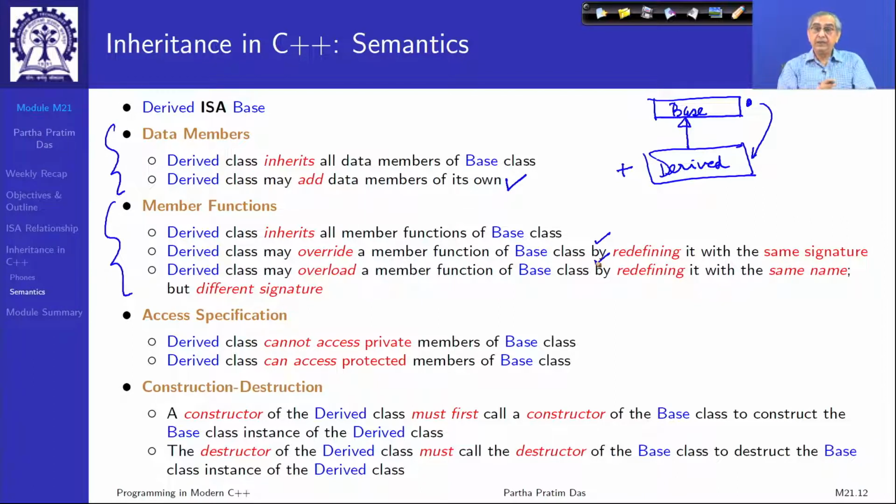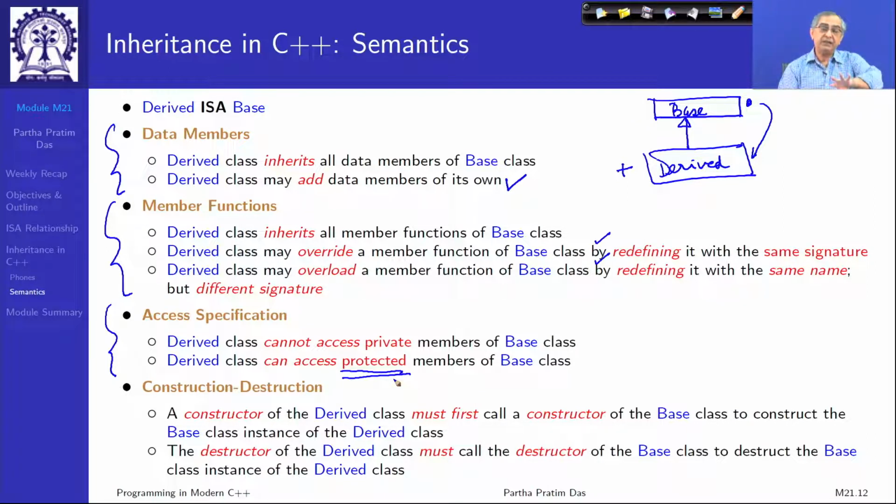So, we will have to see all this behavior. Access specification is critical to decide. This protected will give us a special type of access specification where certain members will be visible to the derived class only. To the external world, they will be the same as private; they will not be able to access those.